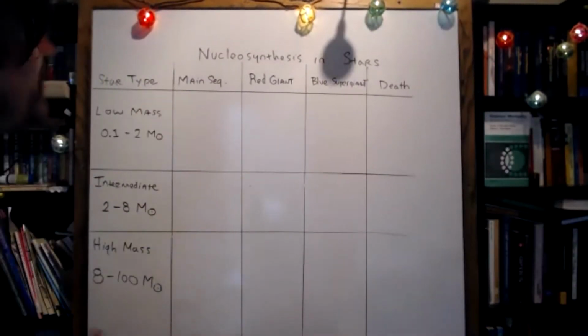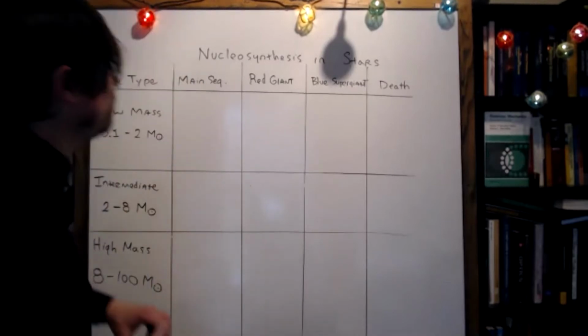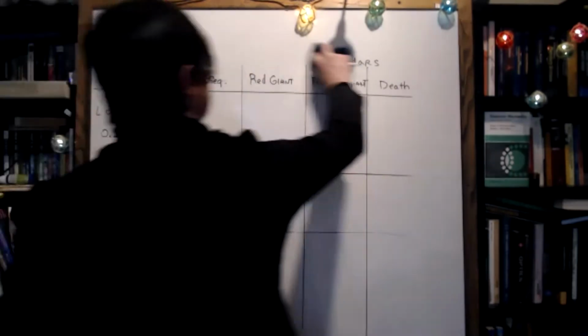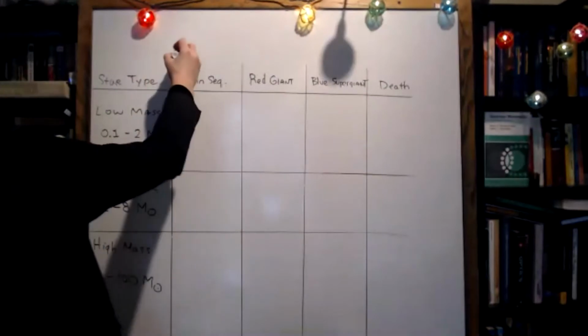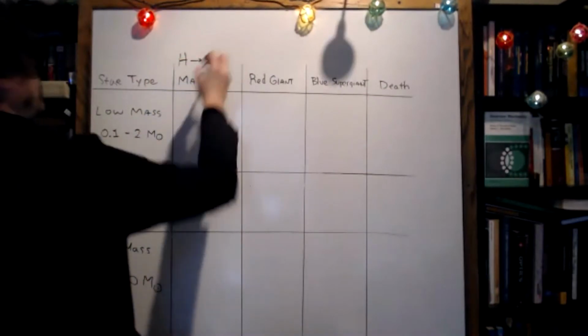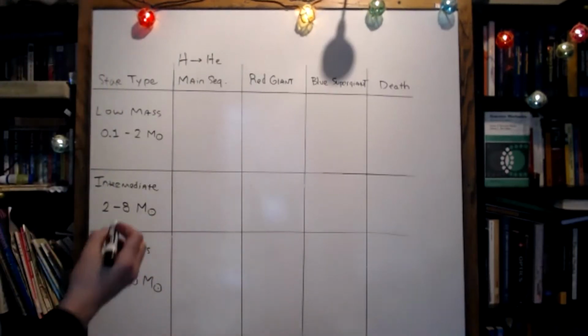Low mass stars undergo fusion by, so let's remember that what glues together the commonalities of all stars during main sequence fusion is that it's always hydrogen to helium fusion, but it's not always the same way, okay?